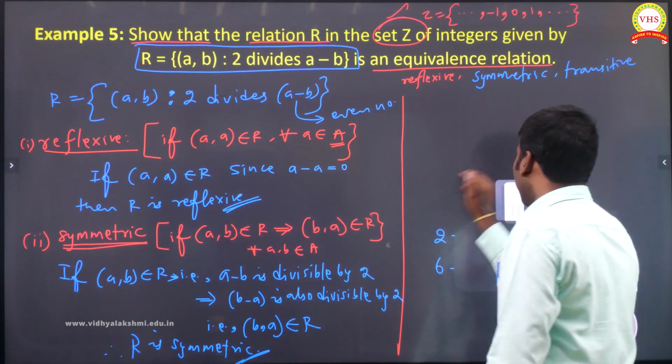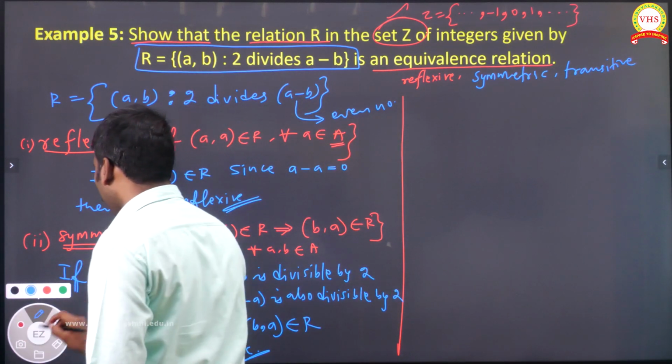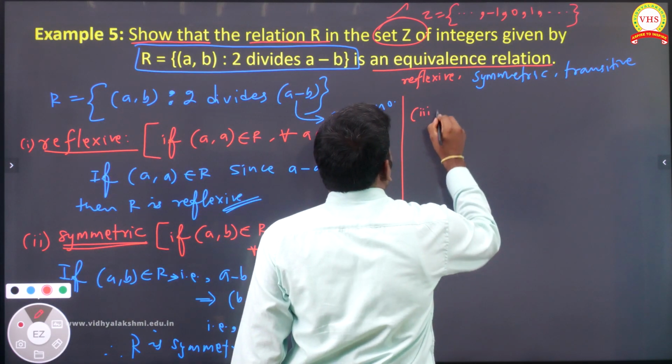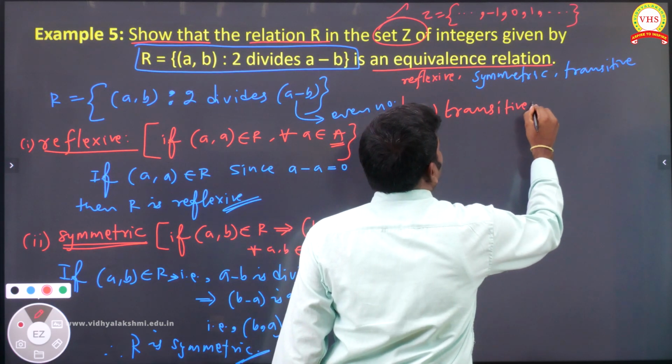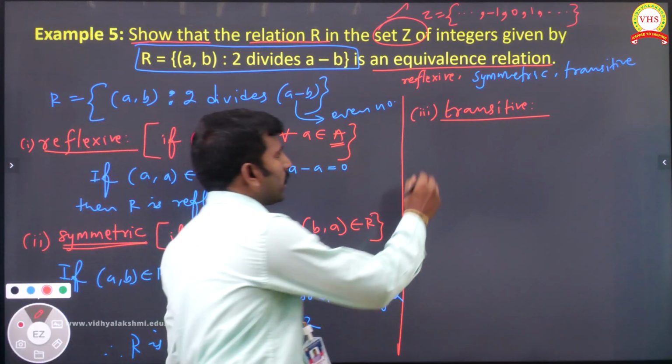Next we will go to the transitive. Okay, transitive we have to check. The third point is what? Transitive. If this is also satisfied, then only we can say this is an equivalence relation.